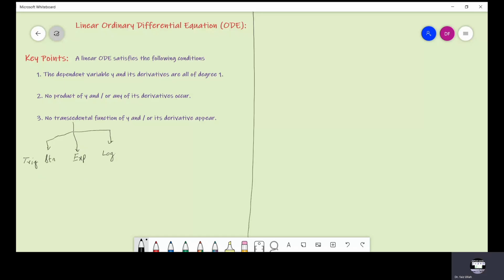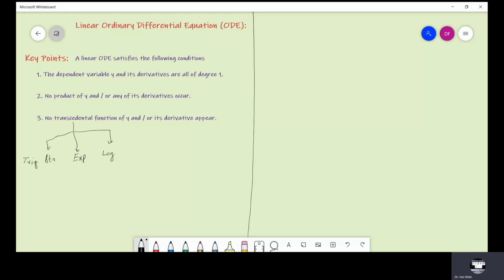To classify the linear and non-linear ordinary differential equations, let us see the key points. We will say that an ordinary differential equation is linear if it satisfies three conditions. Number one, the dependent variable y and its derivatives are all of degree 1. Number two, there will be no product of y and or any of its derivatives. Number three, there will be no transcendental function of y and or its derivatives.